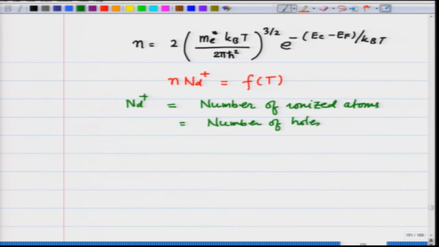Now, I am going to calculate later that we are going to have N_D+ is equal to N_D, where N_D is the number of donor atoms, e raised to minus (E_F minus E_donor) divided by k_B T.